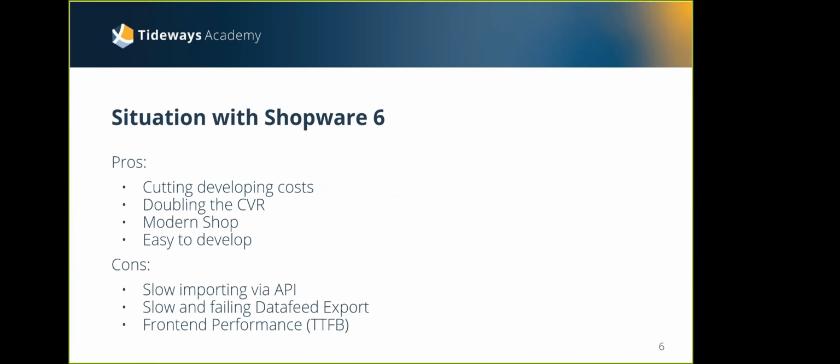So what is the situation we're in at the moment with Radonline and Shopware 6? Well, we were able to migrate successfully at the beginning of the year. Since then, the conversion rate has more than doubled due to the migration. And in addition, we have a more modern shop, which is easy to develop.